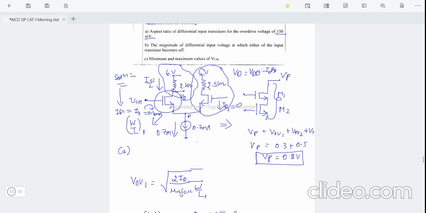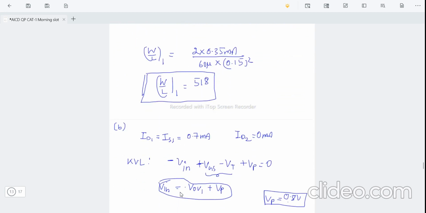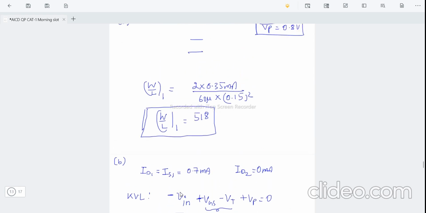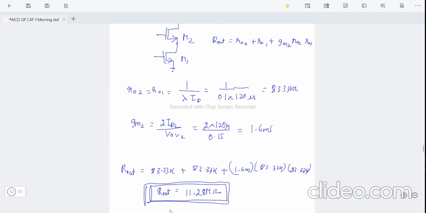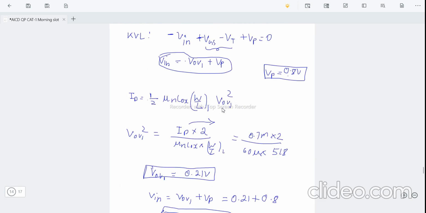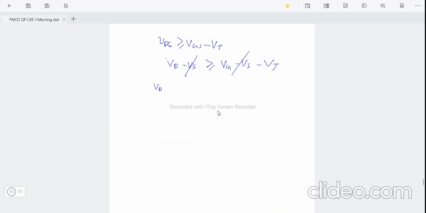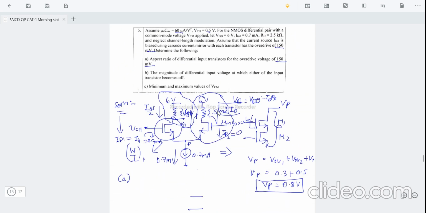VD is VDD minus ID RD. This is greater than VG minus VT, and at the gate, the common mode voltage is applied, so VG is VCM.